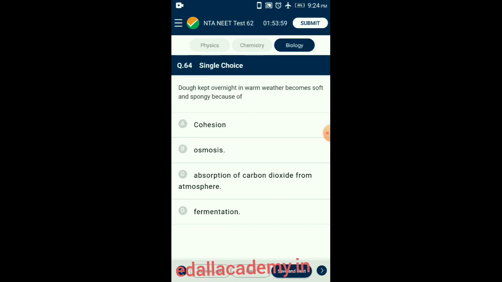The dough is a thick, elastic paste made up of atta flour of any cereals. Leavening is the process of the rise of dough or batter by fermentation. It is caused by the secretion of 3 enzymes by yeast: amylase, maltase, and zymase. So the answer for this question is option D, fermentation.